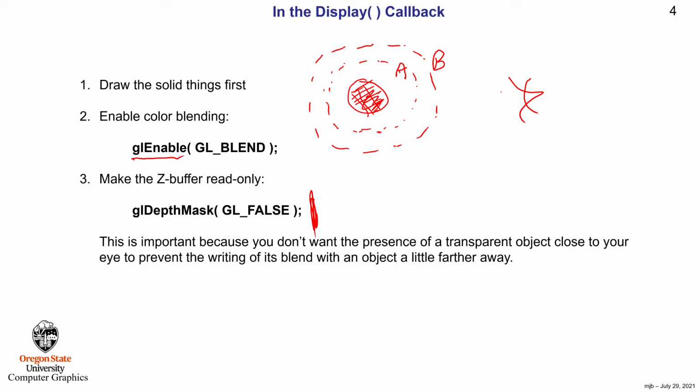But the problem is the Z buffer does Z buffer things even for a transparent object. So now the Z buffer thinks this is the closest Z value that's been filled. Now we go to draw A, and well, because this is our closest Z, A doesn't get drawn. A gets Z buffered out.